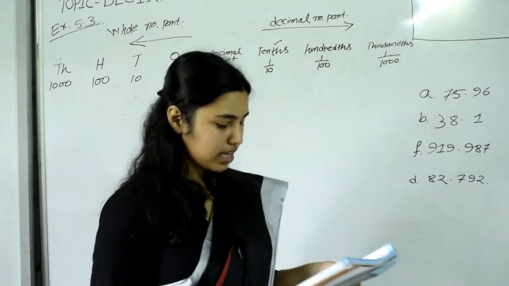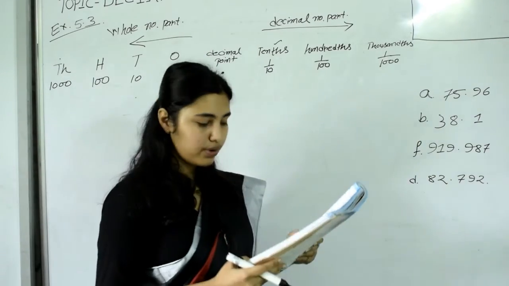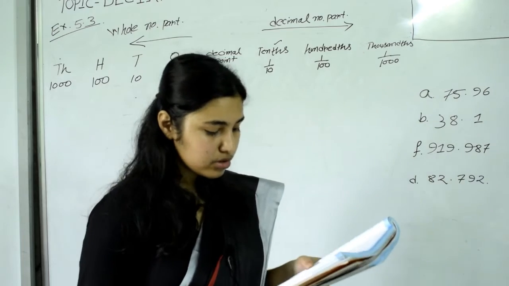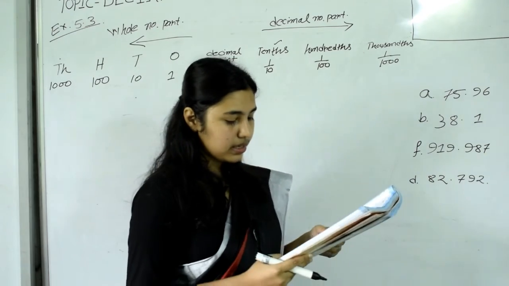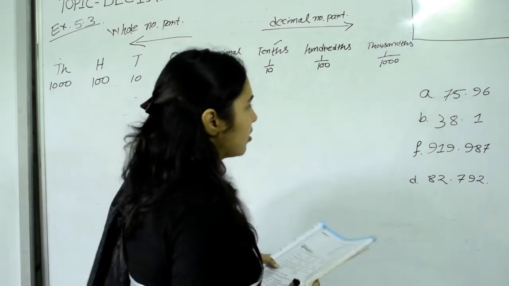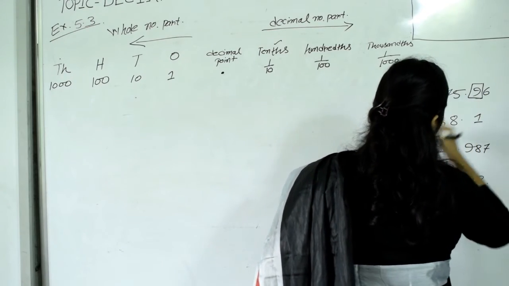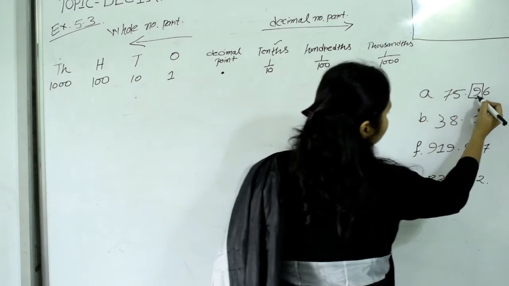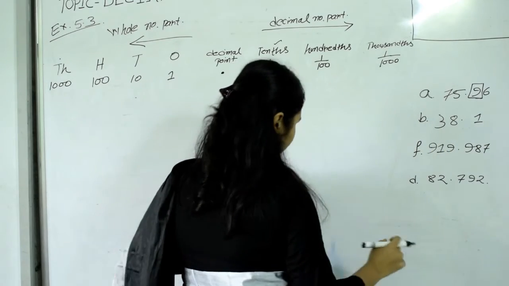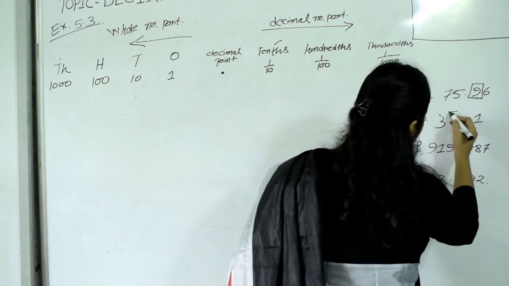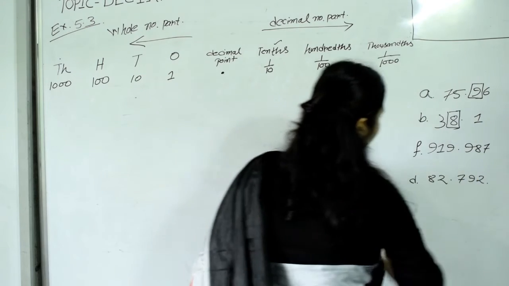Now in your exercise 5.3, question number 4, give the place values of the colored digits in each of the following. So first one, here we have to find the place value of 9. Next, here we have to find the place value of 8.